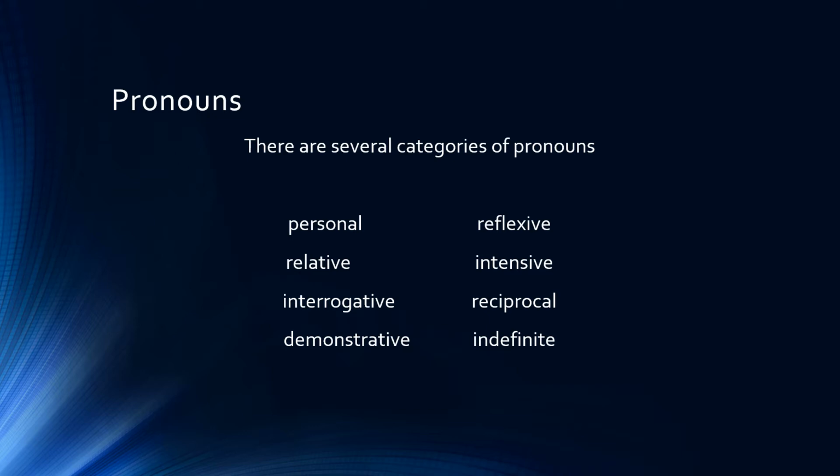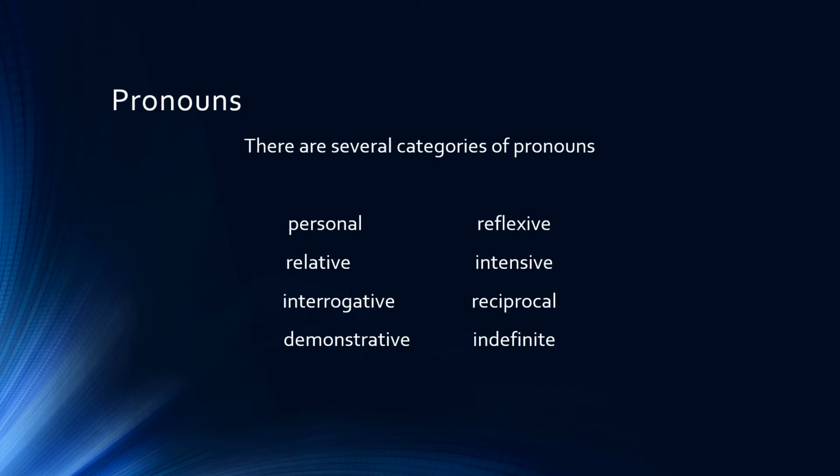So, we want to give our attention today to pronouns, and as you can see on the chart here, there are several different categories of pronouns. We have personal pronouns, relative pronouns, interrogative pronouns, demonstrative pronouns, reflexive pronouns, intensive pronouns, reciprocal pronouns, and indefinite pronouns.